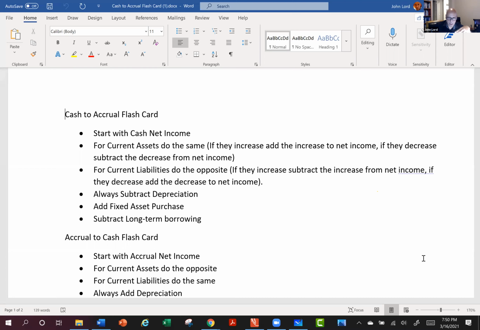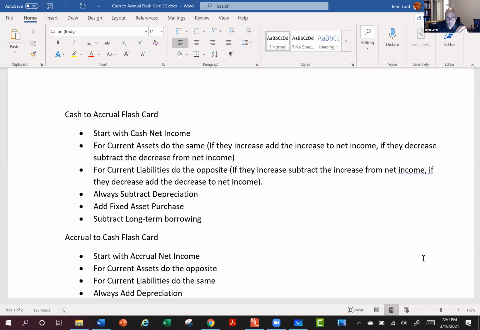What happens? Depreciation doesn't use any cash. So for cash net income, depreciation wouldn't affect it at all. For accrual net income, you have to subtract the depreciation. You see what I mean? If you keep looking at this, the logic starts to get embedded and you start getting more and more comfortable with this. Okay, so you keep practicing with this flashcard.